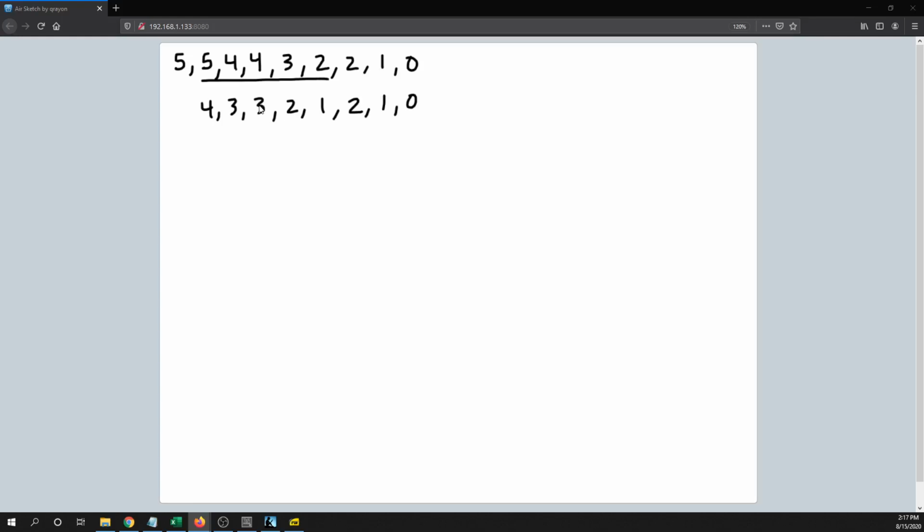Okay, so that's what our sequence looks like, and then we're going to have to reorder it, because it's not in non-increasing order anymore. So we have 4, 3, 3, 2, 2, 1, 1, 0.